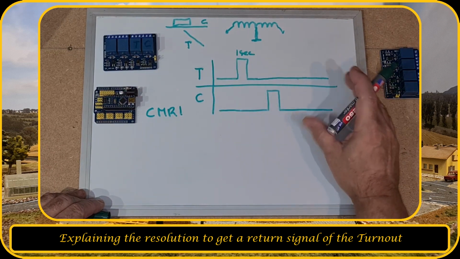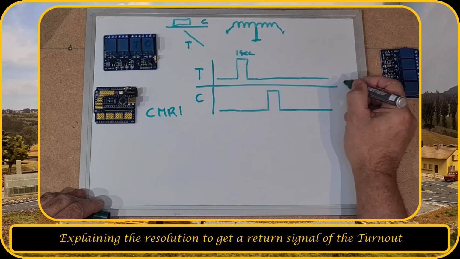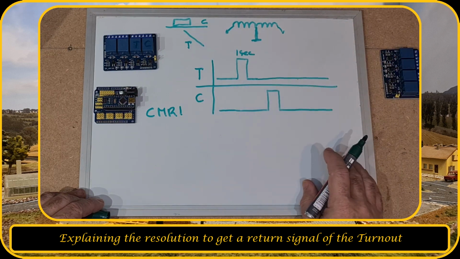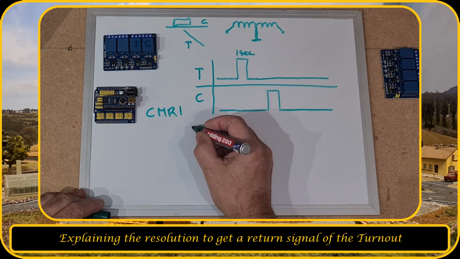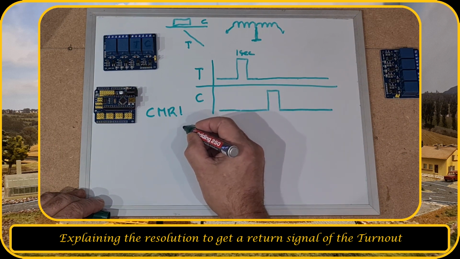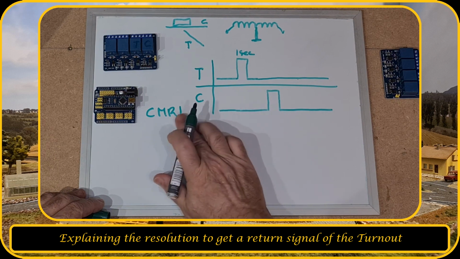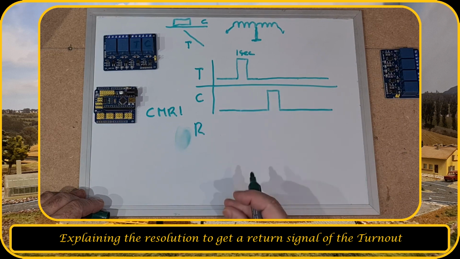But if I'm looking at the time here, this will eventually result in an unknown state if I want to check that in JMRI. So in JMRI I need to have a return signal. So return, make it an R. Here, return.